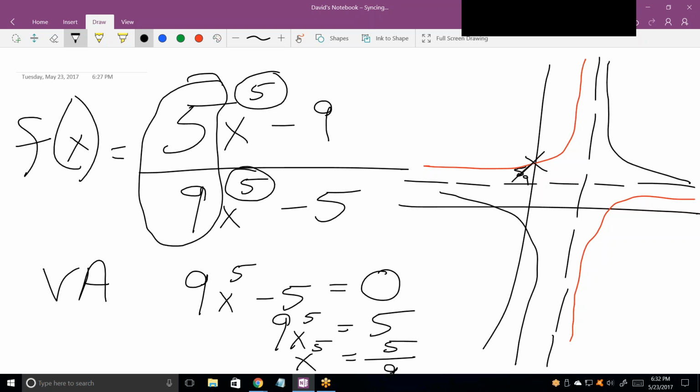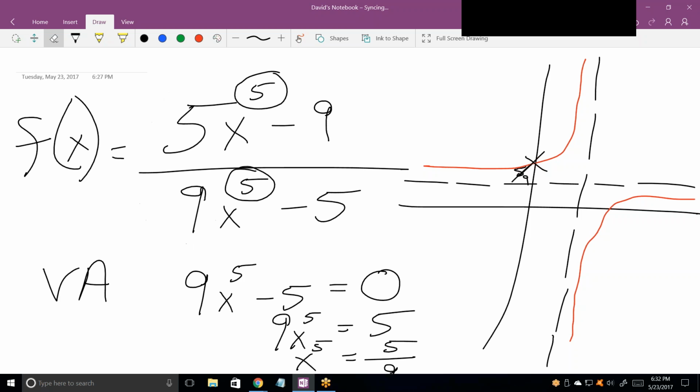If it would have been a number less than 5/9, we would have known the black was our graph. It clearly is 9/5, which is above our horizontal asymptote. That makes the red our graph. And if we did have to graph it, that's the way I do it. There may be an easier way, but this is the way I've always found to be the most reliable.